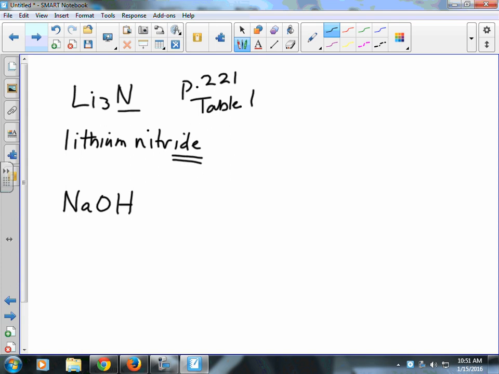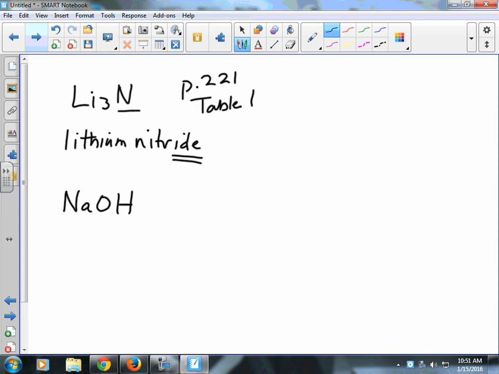Okay, if it's on the periodic table and it's just a P, then it's going to be phosphide. If it ends in ate or ite, like phosphate or phosphite, it's on page 226. It's a polyatomic ion, and we're getting close to it.